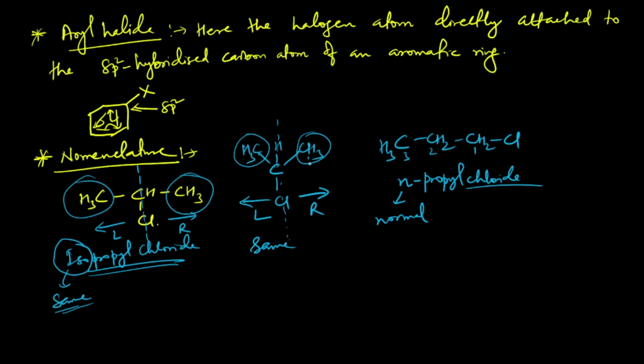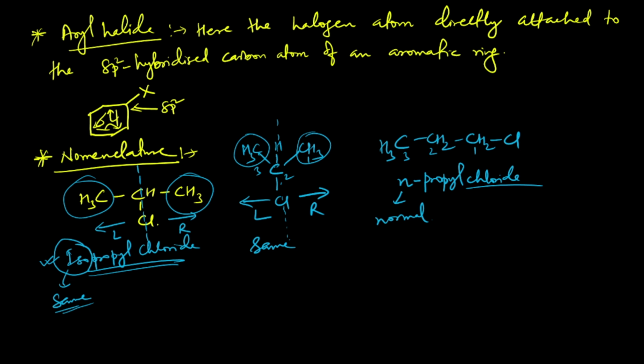For this also it will be like 1, 2, 3, so it will be 2-chloropropane. But they will ask you the common name, isopropyl chloride. And believe me, they are not going to ask you why we call it isopropyl chloride. But to make you understand, because otherwise you will start mugging up the things, right? Chemistry means you have to understand very well.